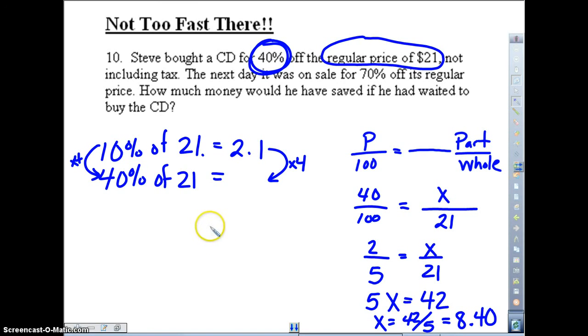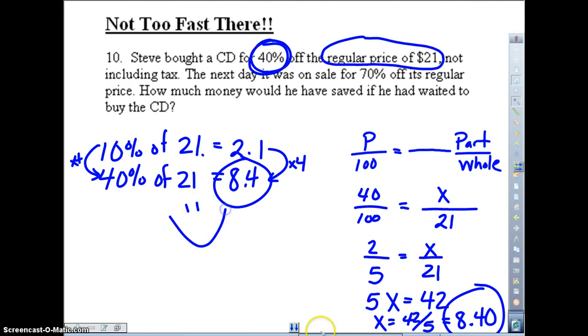What would 40% of 21 be? $8.40. Oh my gosh, which one was the faster way to get the answer? I kind of like this way. You do whichever way you like best.